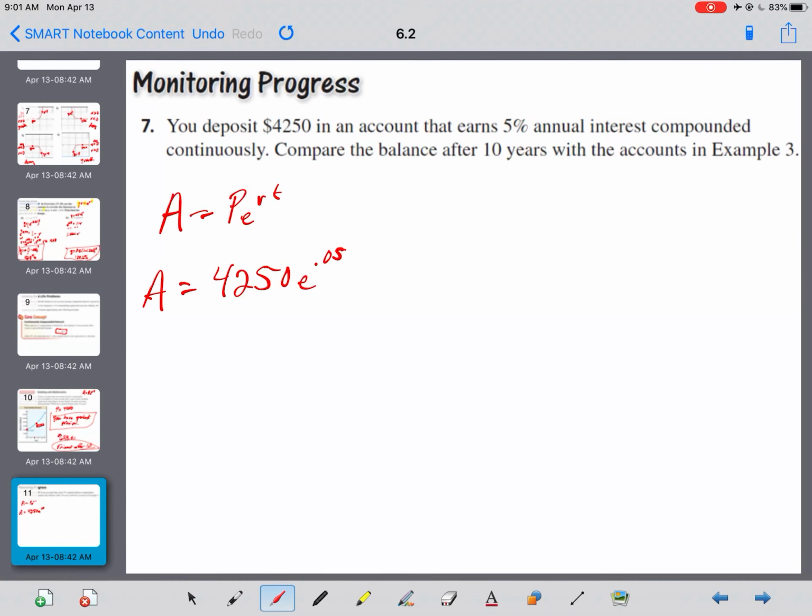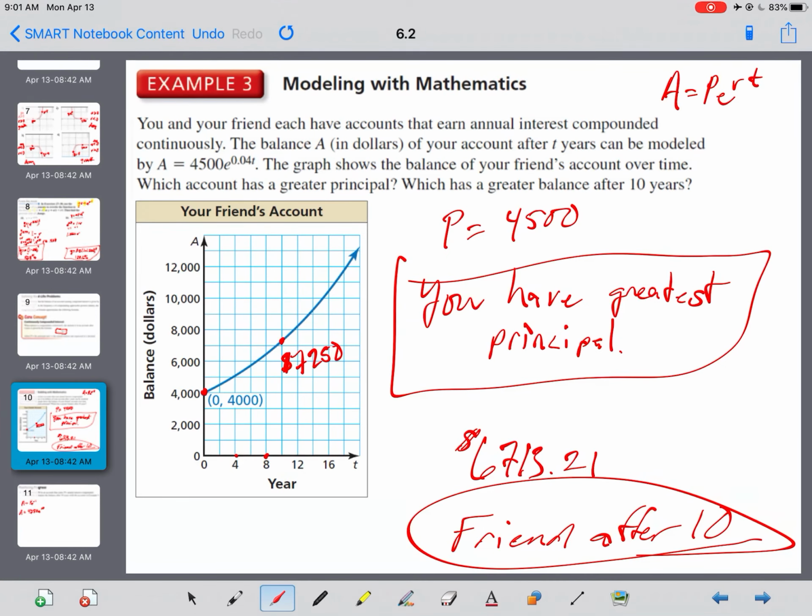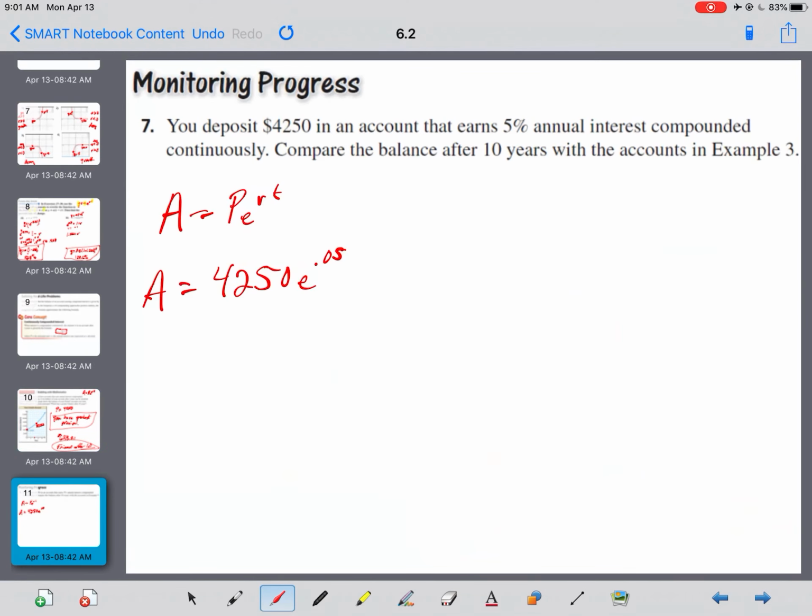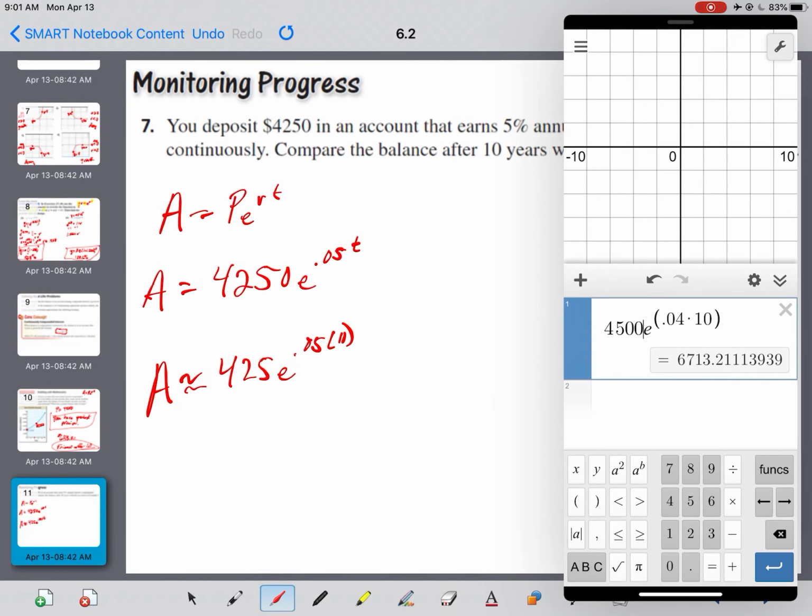And compare the balance after 10 years with the accounts in example 3. Okay, example 3 was this guy here. So we want to know after 10 years. So what's the amount after we do 42.50 e to the 0.05 times 10?